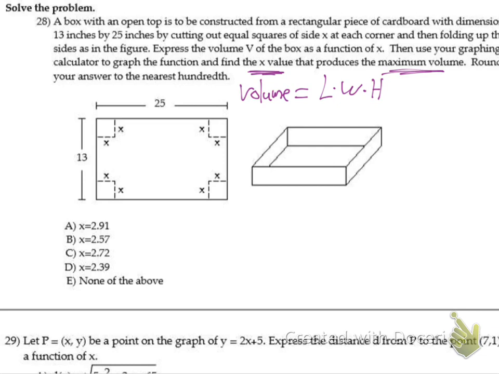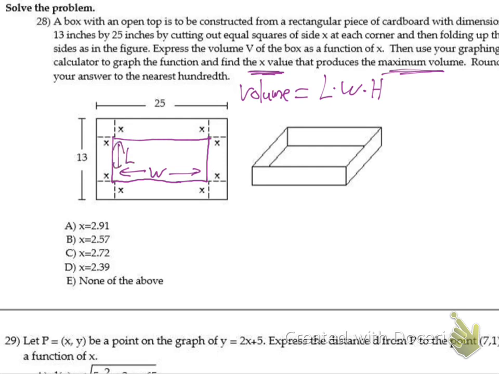Okay. So can you see that in here is going to be the new base after the corners are all folded up? You with me on that? This will be the width from there to there. This will be the length, from there to there.